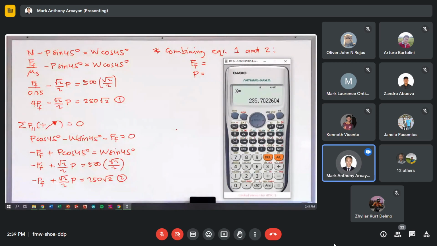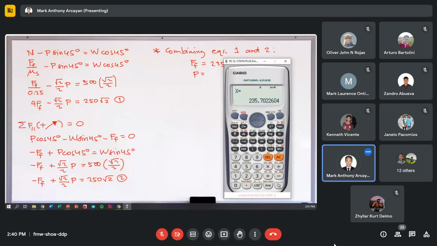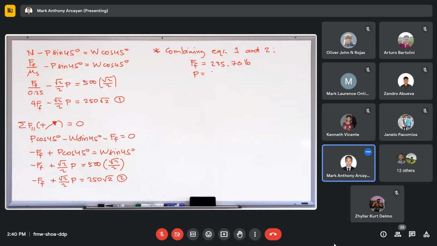Okay, ang atong frictional force kay 235.70 pounds, while our force P is equal to 833.33 pounds.